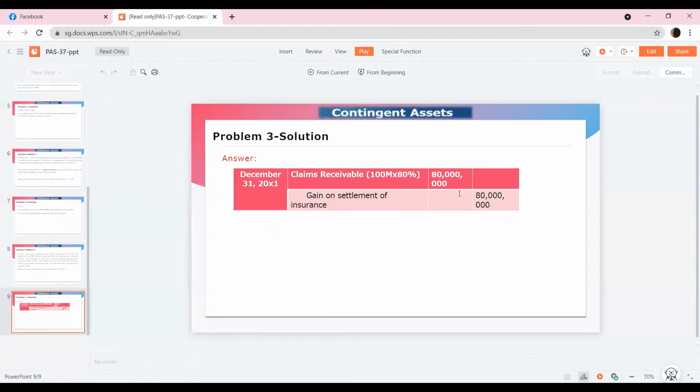So ang amount na ilalagay natin dito is 80 million. Since the claim is virtually certain, hindi natin ito consider as a contingent asset. Pero the recognition of the approved payment is appropriate. So that's it. So that's all for contingent asset. Next is the measurement that will be discussed by Ms. Jonalyn May de Vera.